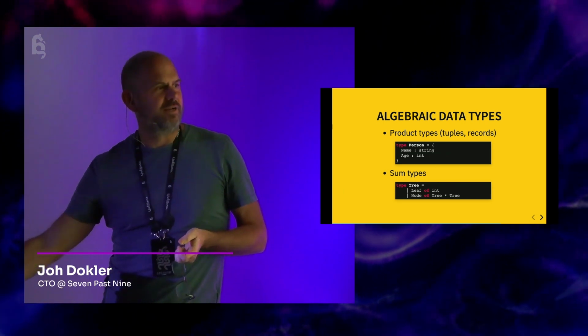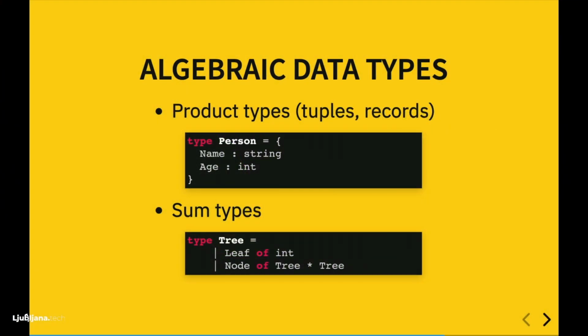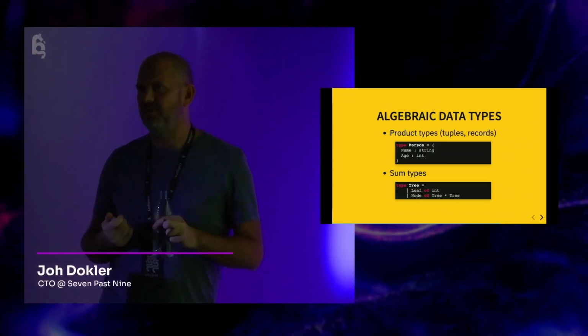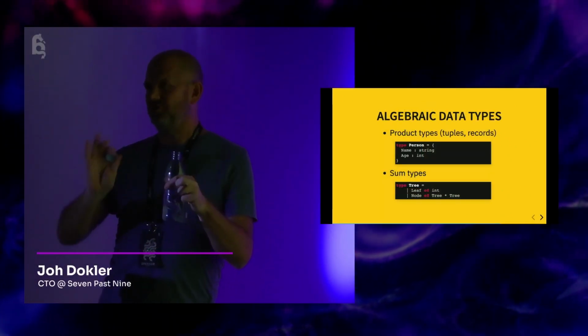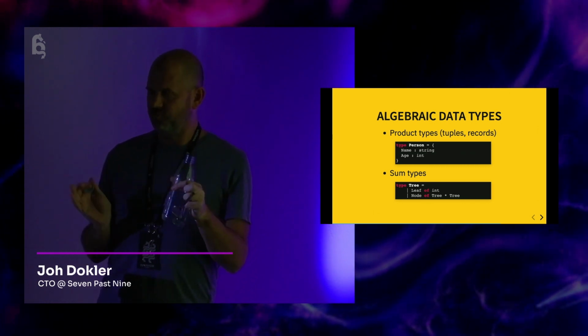And then we have the second one, which is a sum type. Functional programming languages come conceptually from math. They have much stronger theoretical foundations compared to other languages, which are more often than not an ad hoc hodgepodge of ideas that people find useful, right?